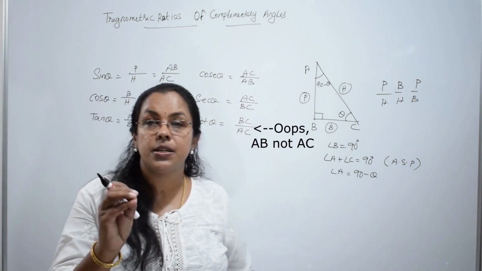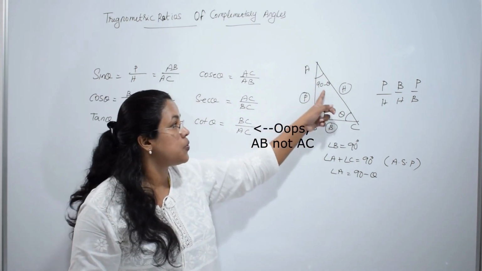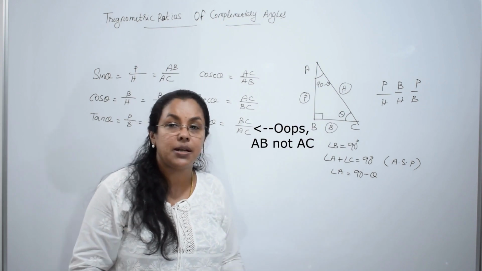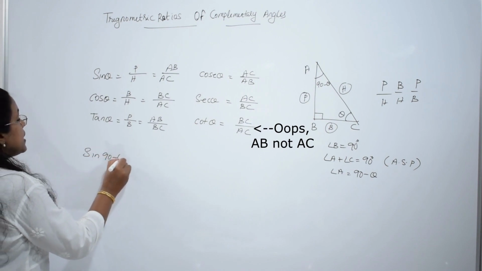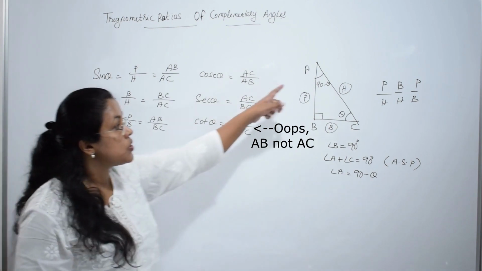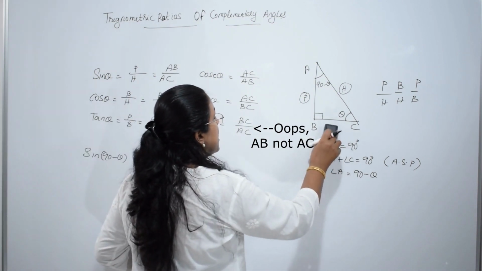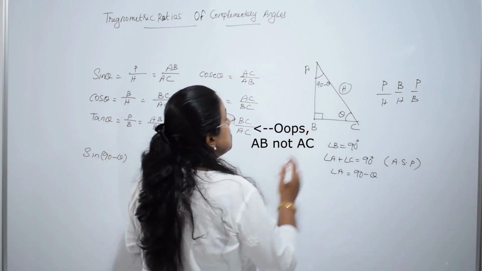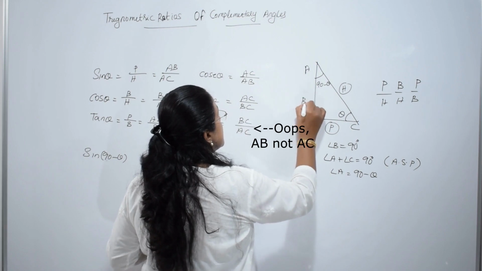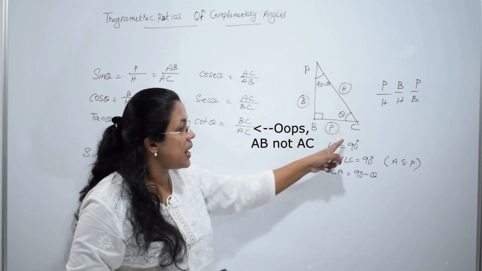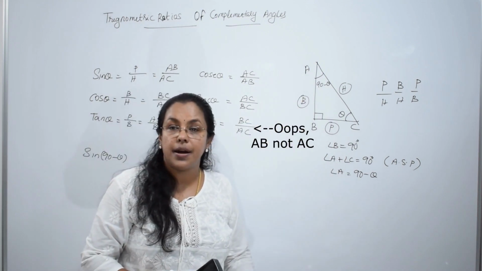Now we will write trigonometric ratios with respect to 90 minus theta, that is with respect to A. With respect to 90 minus theta, BC is the opposite side or perpendicular, and AB is the base or adjacent side.